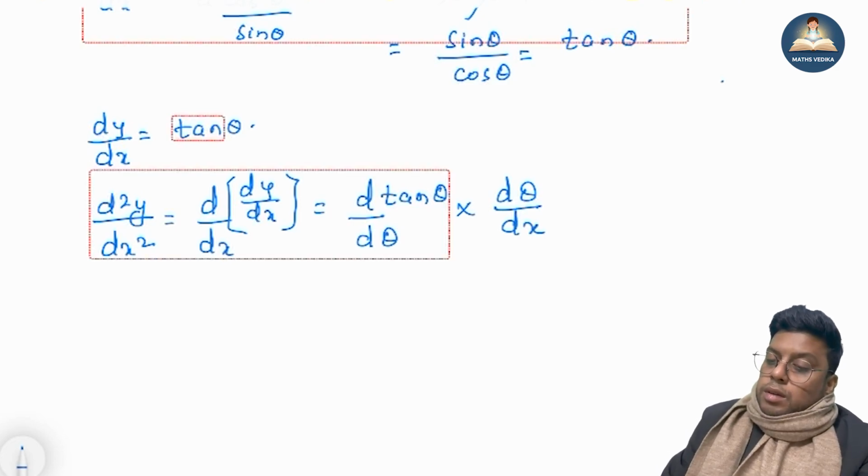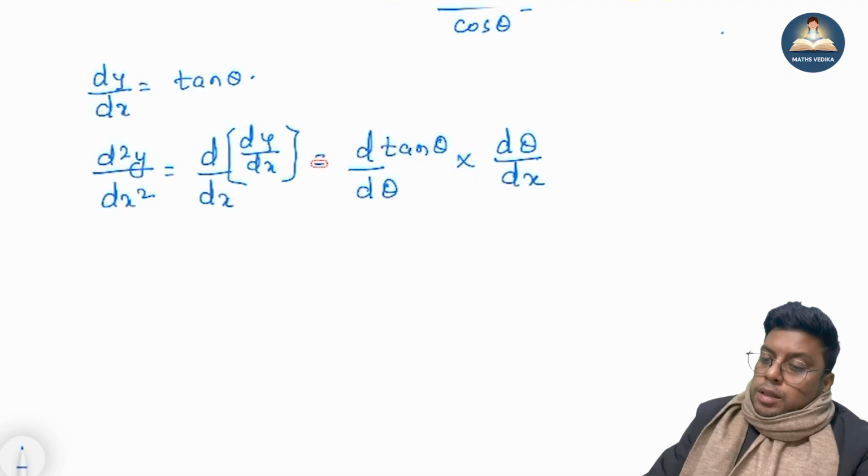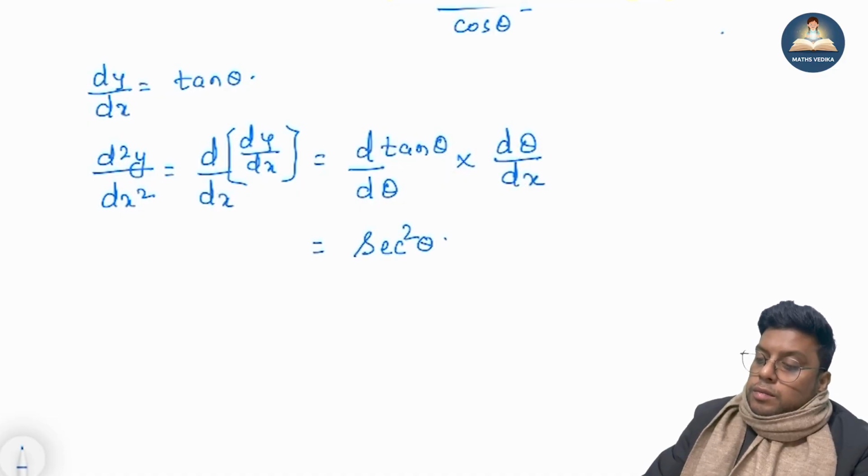So this is equal to d2y by dx square. Now tan theta is differentiated with respect to theta, the value is sec square theta into d theta upon dx.